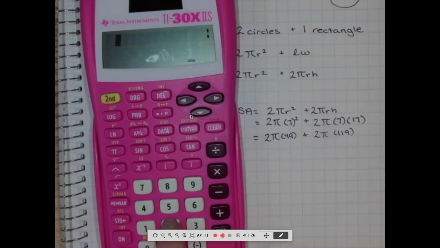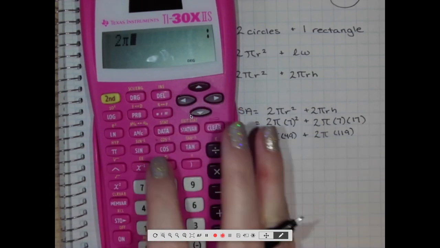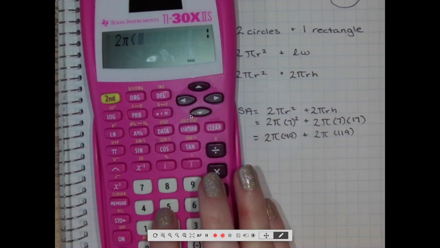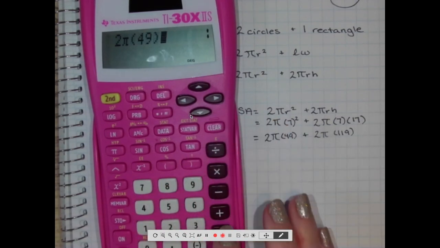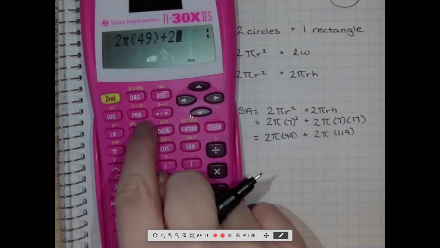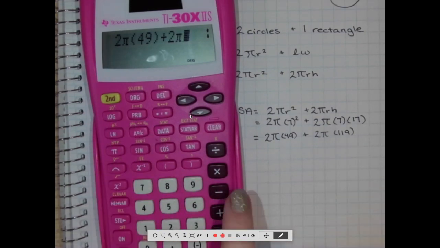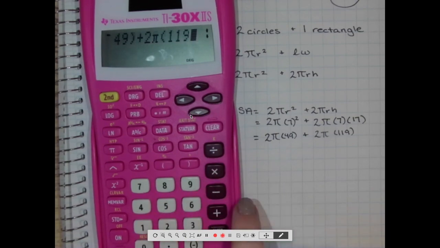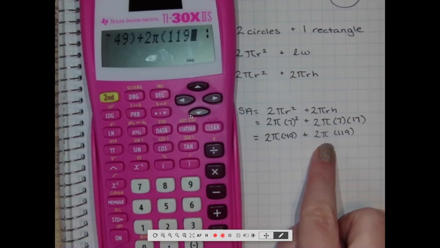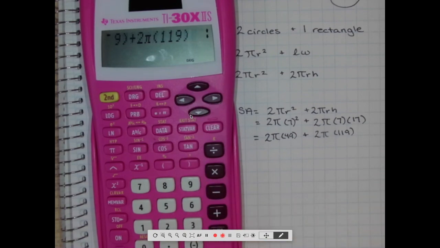In this one, I can go 2 pi, and I can use my brackets, times 49, plus 2 pi 119. Because remember, these being right beside each other is just telling me they're multiplying. And if you have a 2-line calculator, it makes it real simple for you. And then I can just actually press enter.